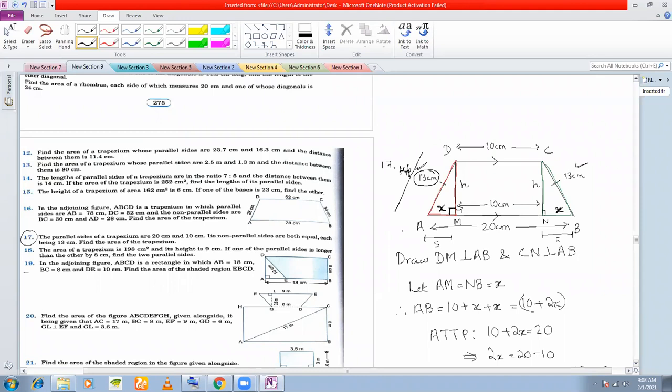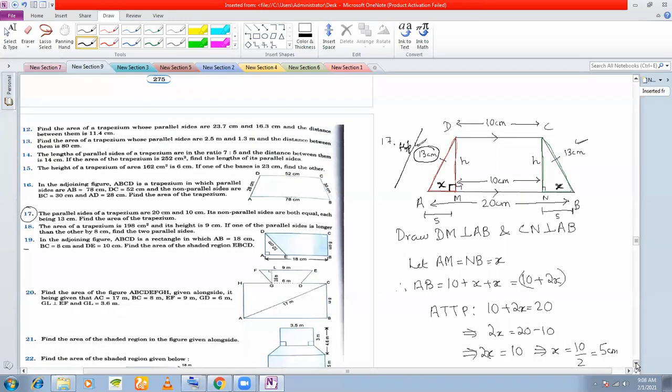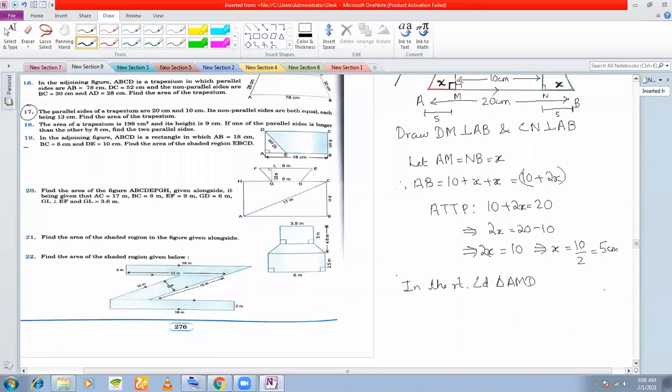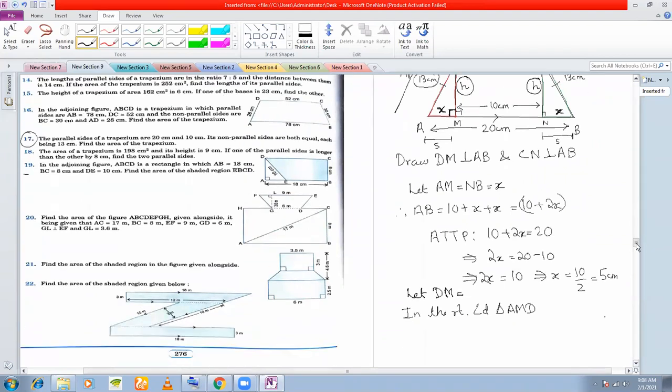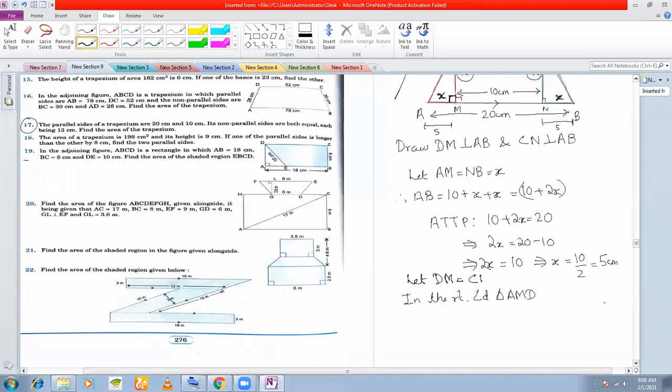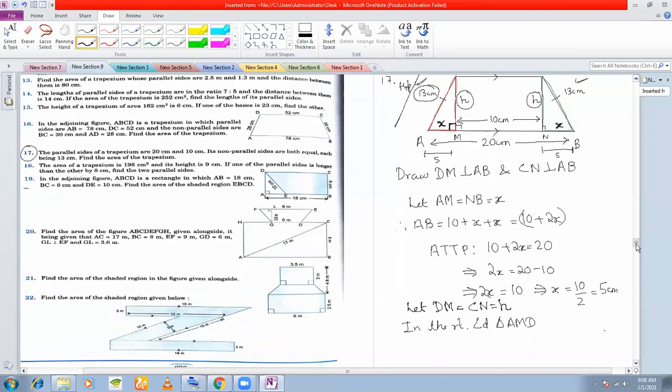The other two you can take as your perpendicular and your base. Let DM be the height of the trapezium, h. So this length DM is h and this length CN is h. That is the height of the isosceles trapezium.